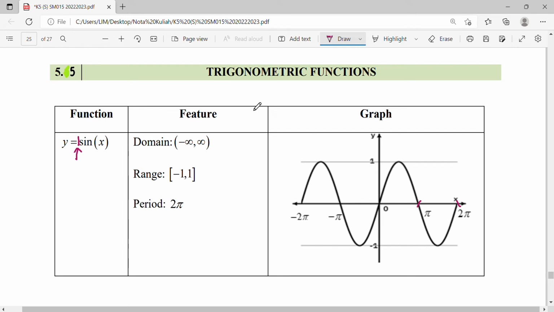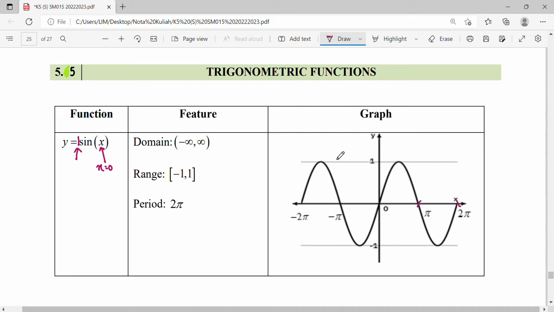And here we also need to note that when it is sine x only, x will be starting from 0. So your graph will start from 0 and then go up to amplitude 1, then go down to -1, then end with 2 pi. So this is one period of the graph.